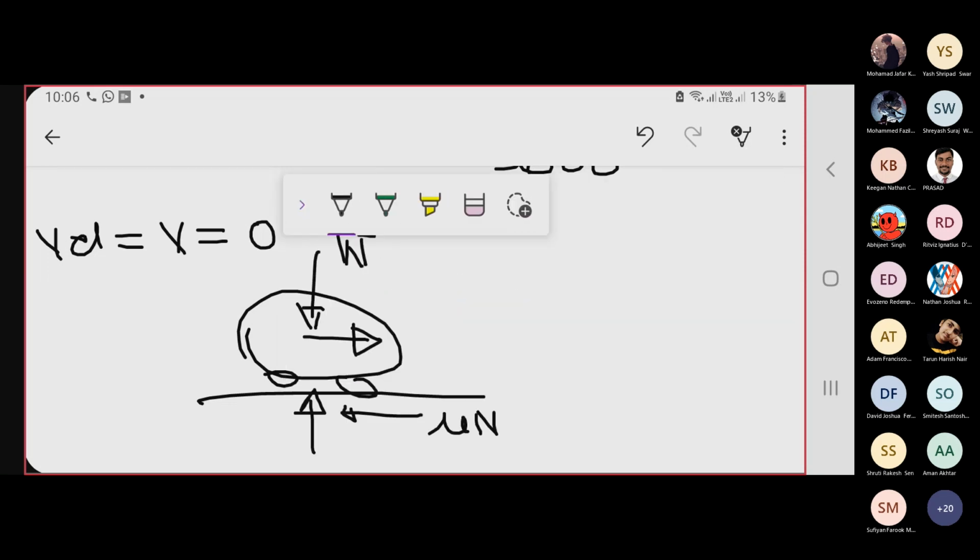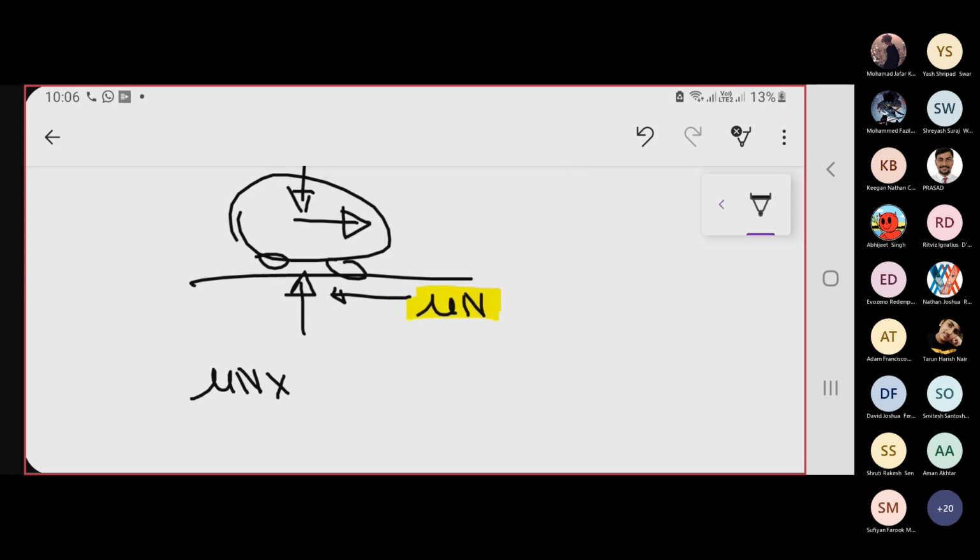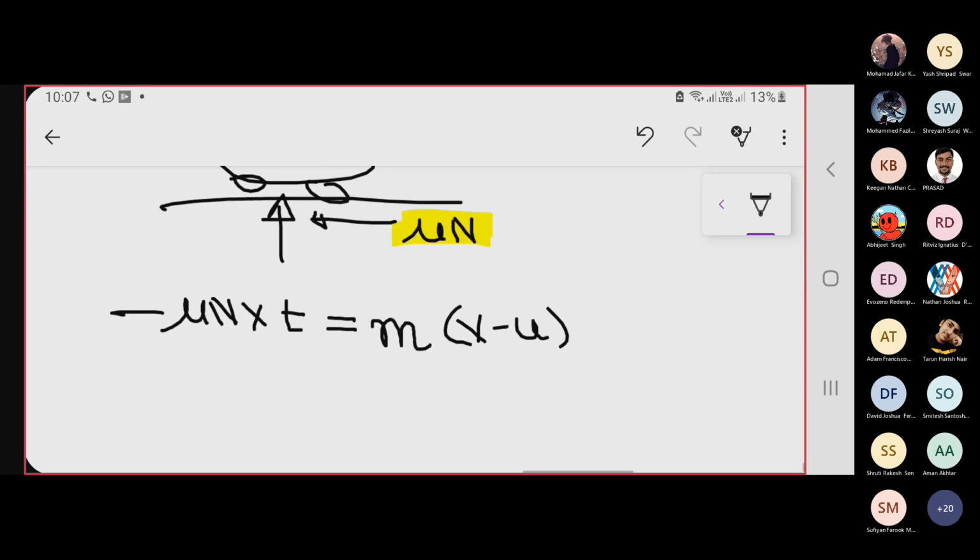Then what is the impulse momentum equation? Force into time. The force acting along the direction of motion is mu N, so mu N into time, but it acts opposite to the direction of motion, that's why there is a minus sign, equal to mass into v minus u. Mu is given as 0.75.